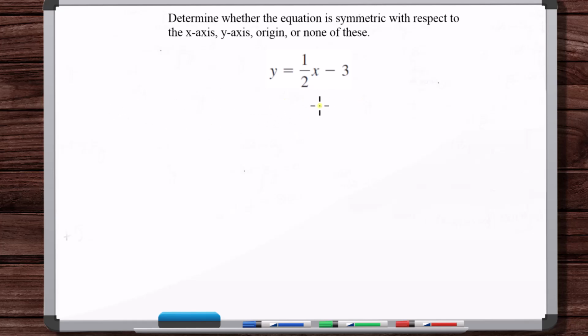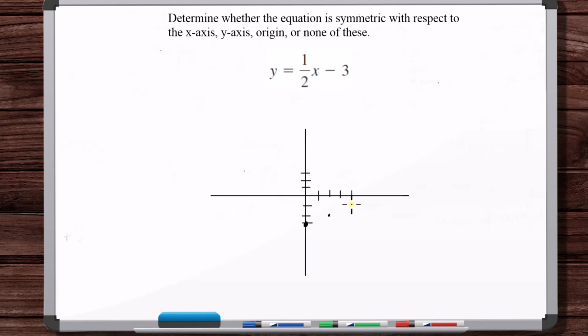Let's check. This is a line, right? y is equal to mx plus b. So let's think about if we have a line, what do we expect this to be? So x is equal to 0, y is equal to minus 3. And then the slope is, okay, so go over 2, up 1.